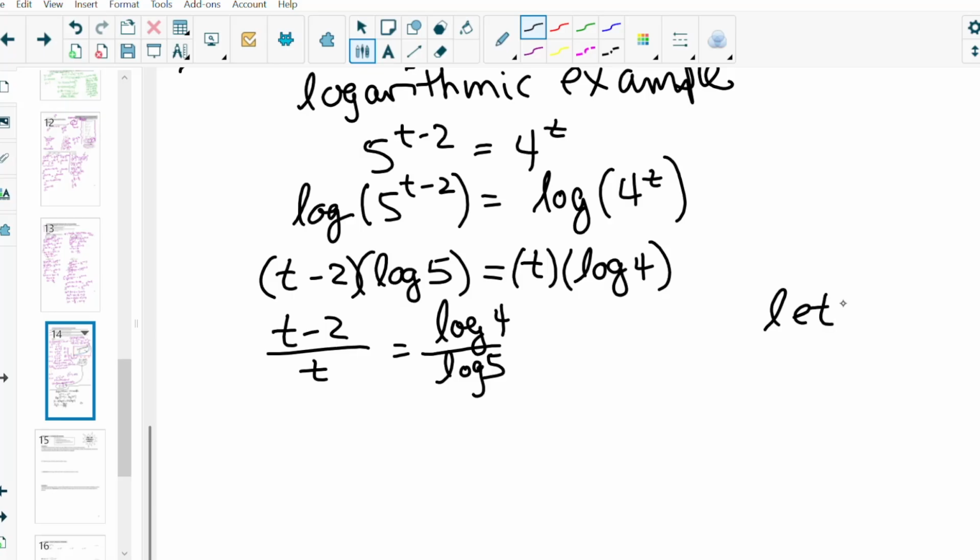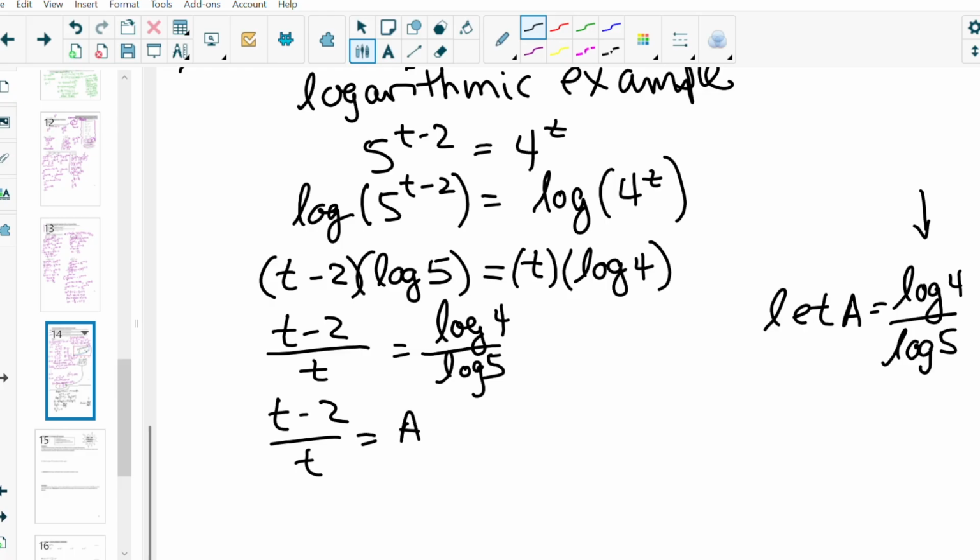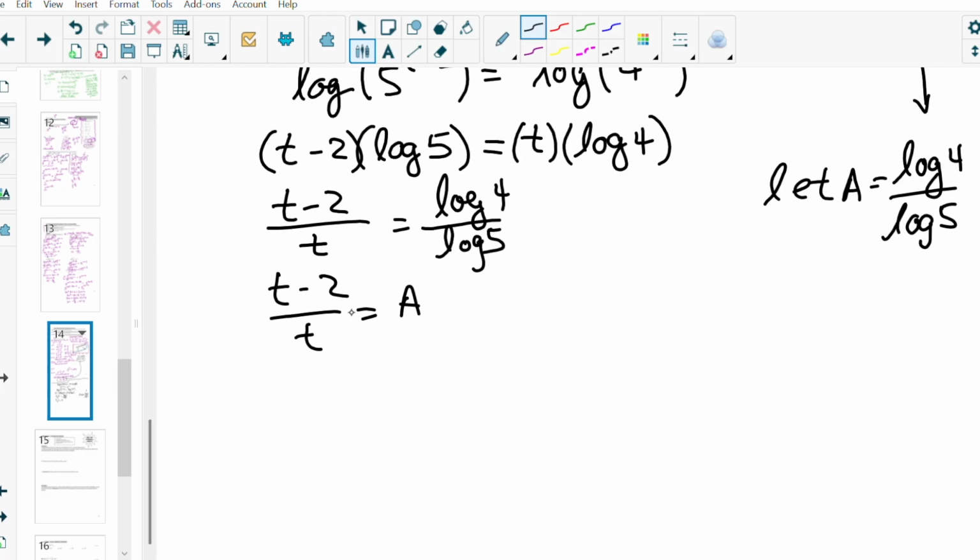To make this simpler, I'm going to say let a equal this entire logarithmic expression. This is just a number. It's a real number, but it's just a number. So I'm just going to let it equal a, and then it'll make our equation solving a lot easier.